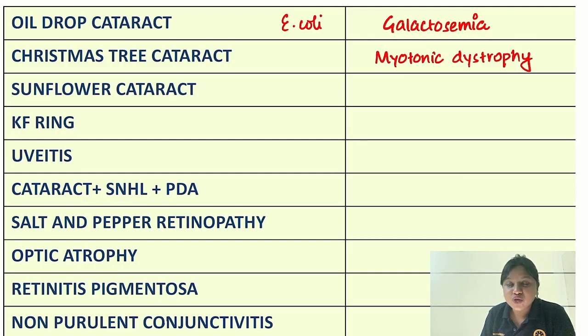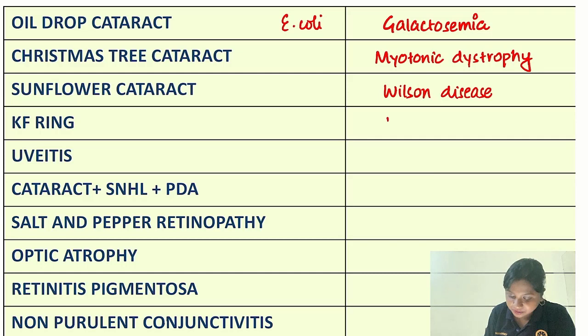And remember, myotonic dystrophy is a trinucleotide repeat sequence disorder. Sunflower cataract is found in Wilson disease. And KF ring, also known as Kayser-Fleischer ring, is found in Wilson disease.